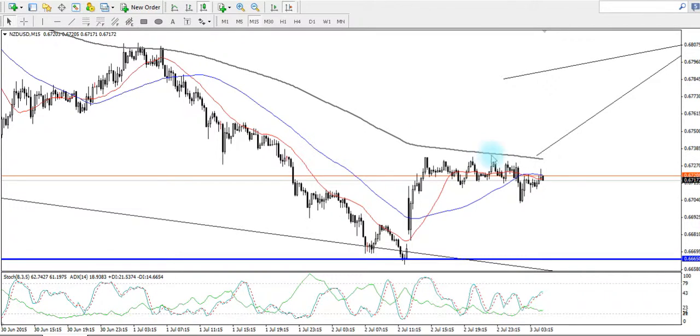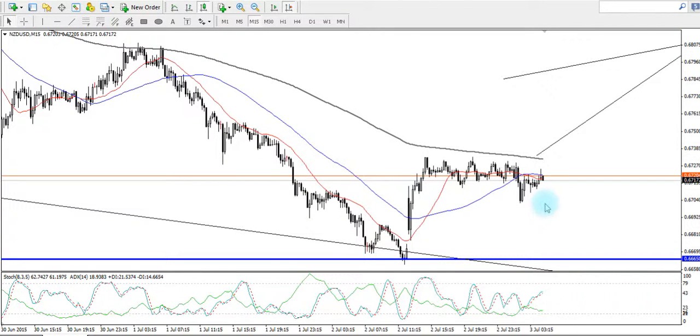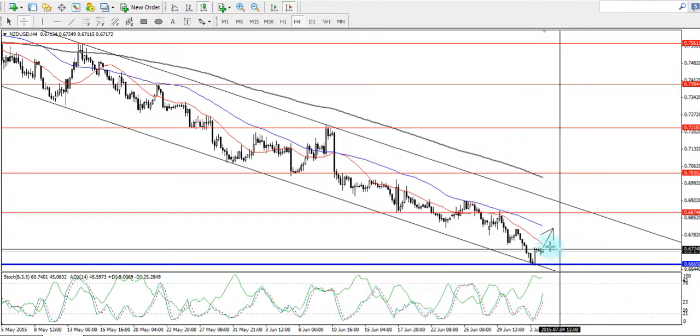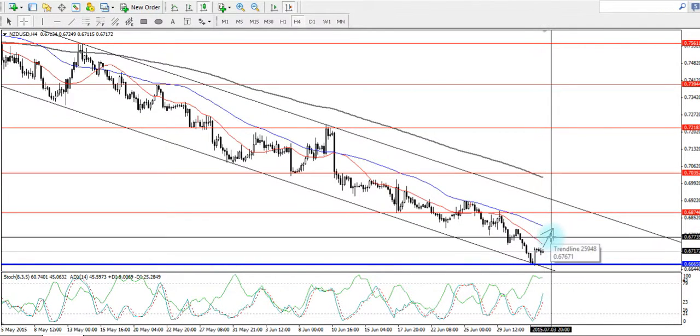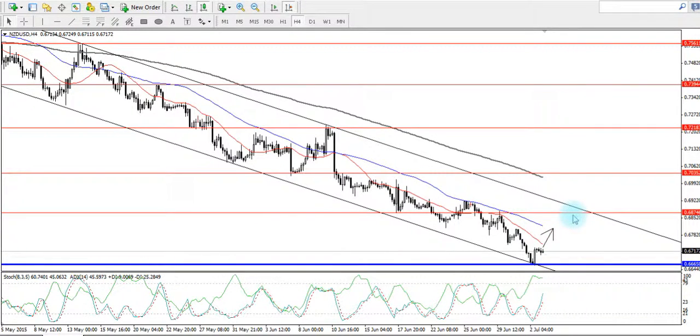So you may just want to wait for price to retrace probably at least back to 0.6702 before you go for a long. Alright, and only expecting price to probably retrace, or rather gain, at the most to the price of 0.6874, because at the end of the day we are still expecting the dollar to appreciate further, and therefore the price of the New Zealand dollar against the US dollar may continue to depreciate.